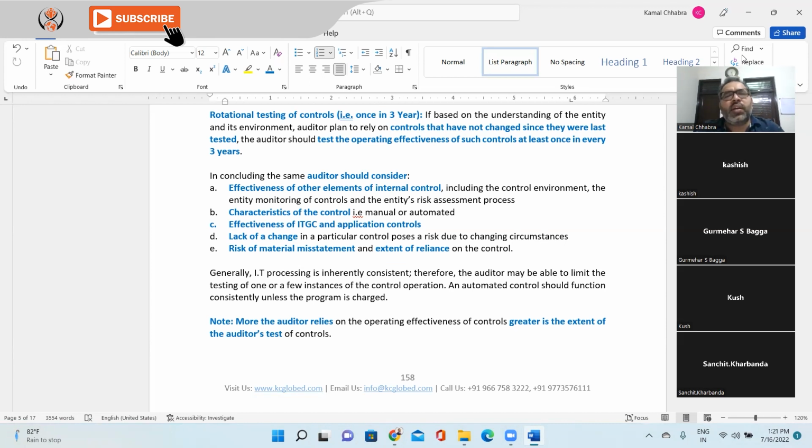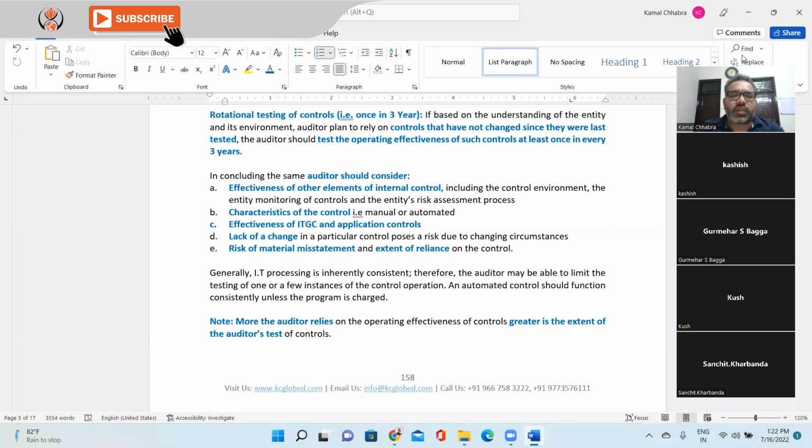And the risk of material misstatement is low. In that scenario, if you have tested the control in the previous year, you can ignore testing in the current year. You can just update the documentation and say the previous year process was this and the current year process is also the same. Previous year control owner is this and the current year control owner is also the same.